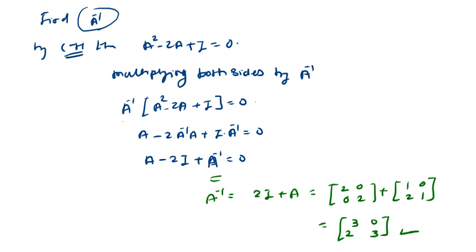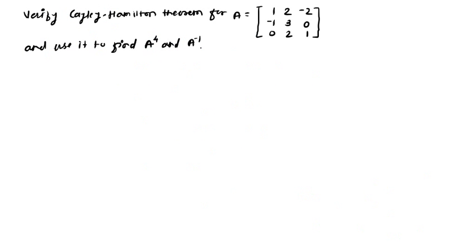Okay, now in the next example we need to verify this Cayley-Hamilton theorem for the given matrix which is of order 3 by 3. So to verify the Cayley-Hamilton theorem, by the Cayley-Hamilton theorem the characteristic equation will get satisfied by the matrix itself.